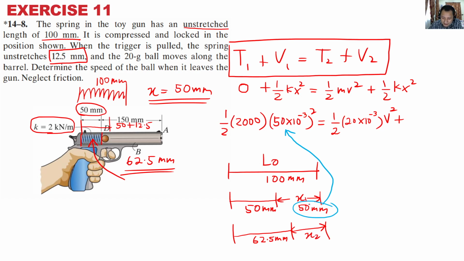X2, X1, we call this X1 X2. So 100 tolak lah 62.5. 100 tolak 62.5, 37.5 mm. This is the final spring energy. This one, baby, you gotta put it here. Setengah 2000, 2000.